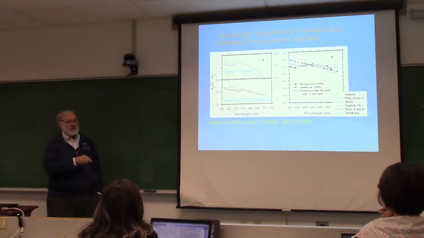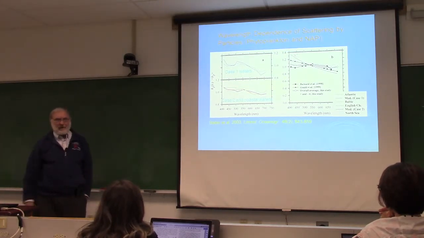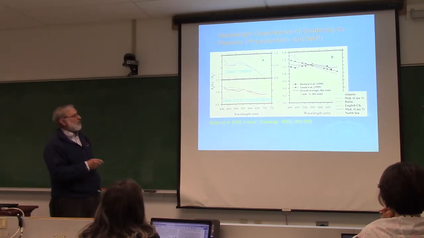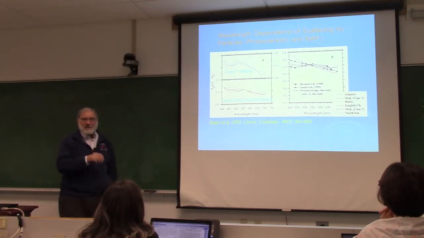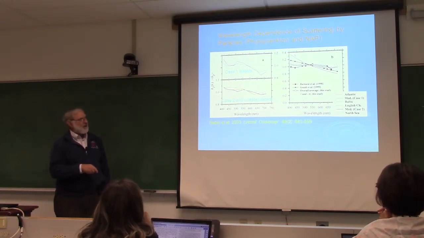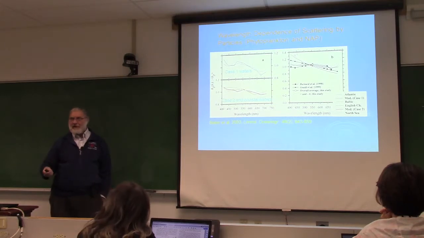There may be extra CDOM, there may be mineral particles, there may be resuspended sediments, whatever. So a lot of work has been done on case 1 waters because people try to parameterize everything there by the chlorophyll concentration.